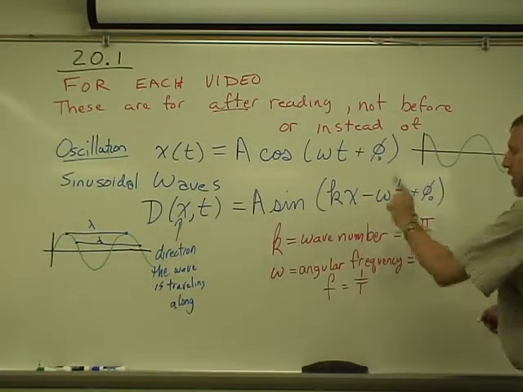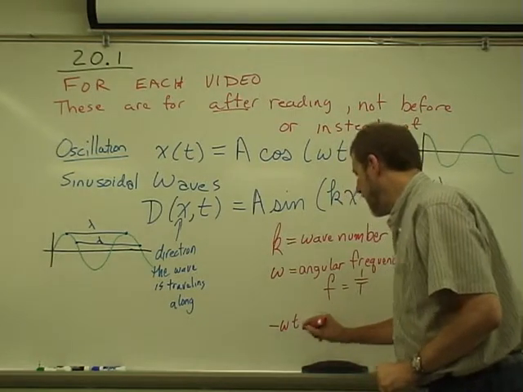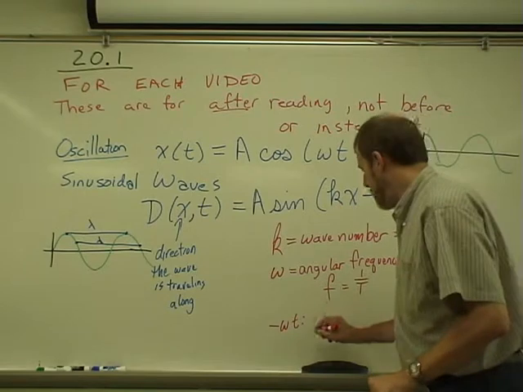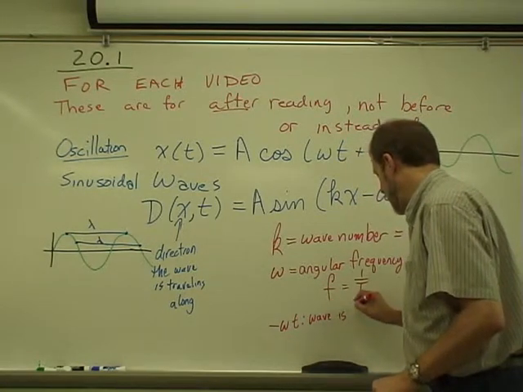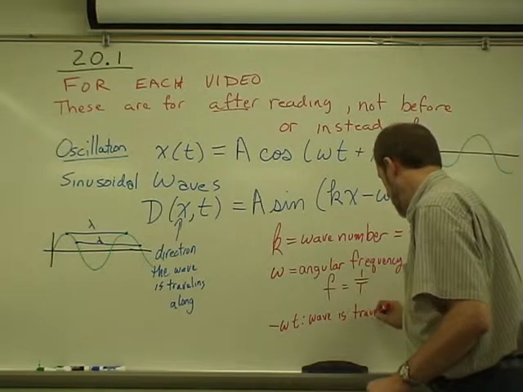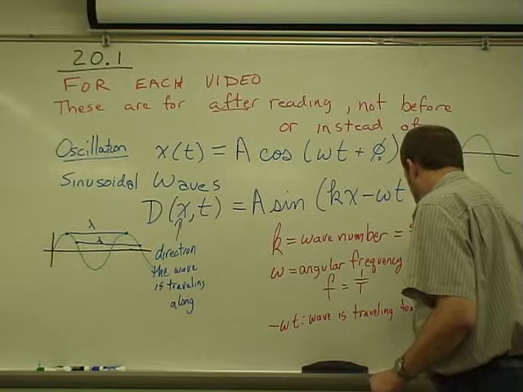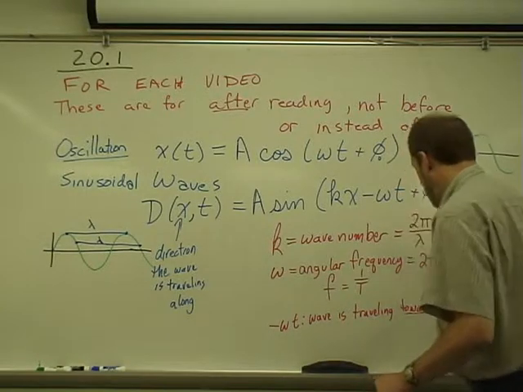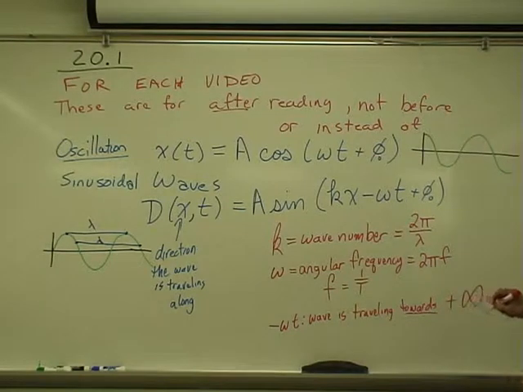Now, this sign is important. If I have negative omega t, what that negative sign is telling us is that the wave is traveling toward positive infinity.